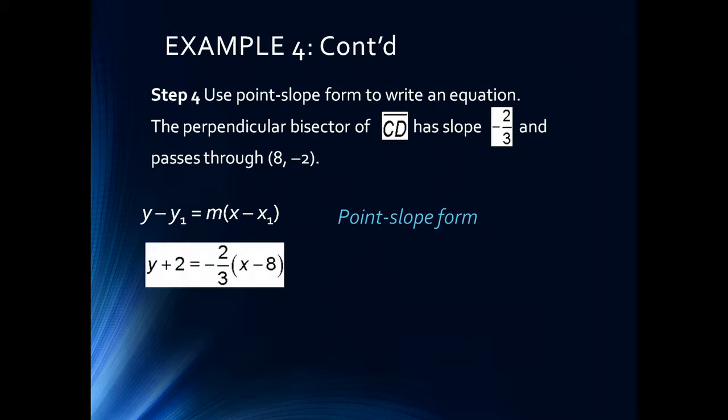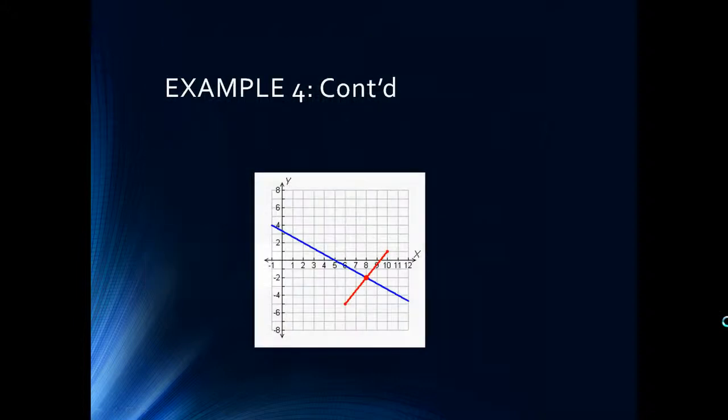So y plus 2 equals -2/3 times x minus 8. We're substituting in -2 for y1, -2/3 for m, and 8 for x1. This would be our line.